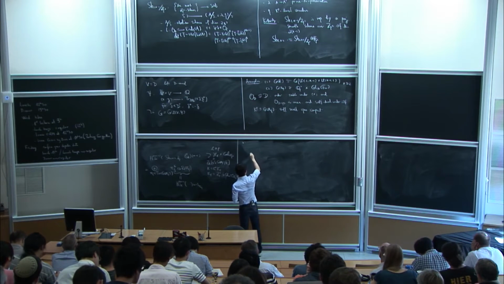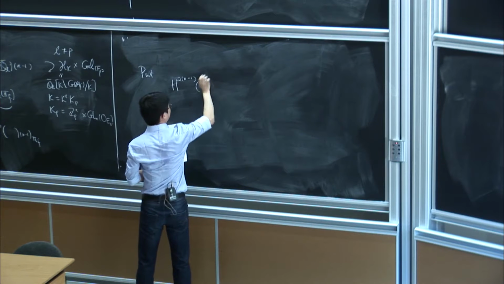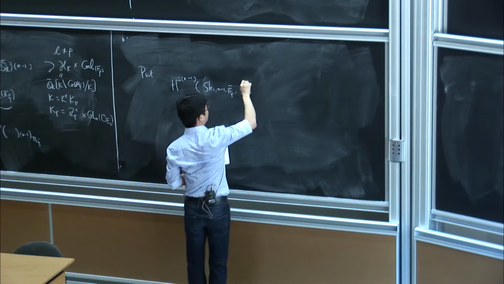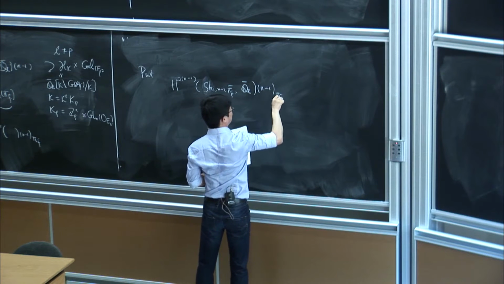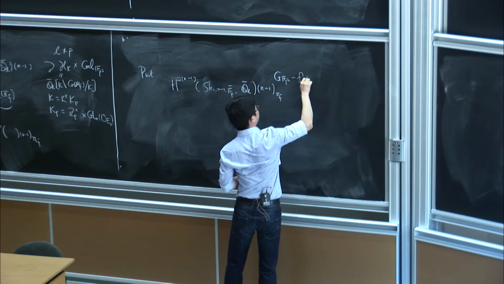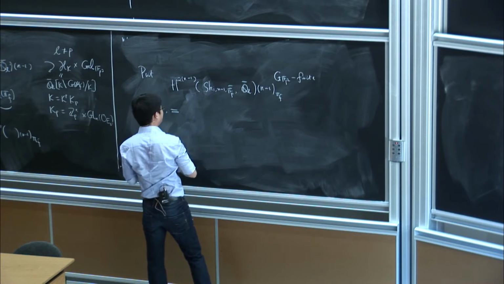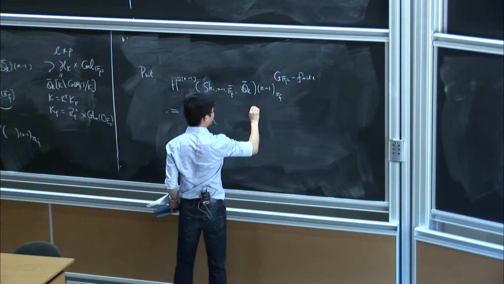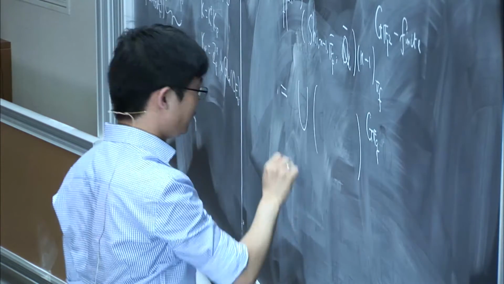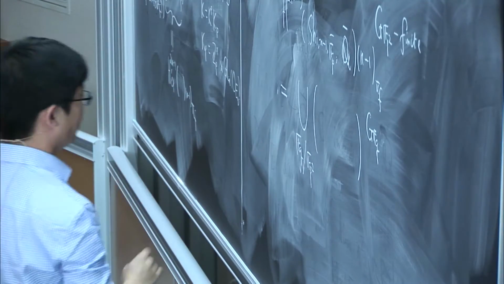So let me consider SH_K, with coefficients in Q_l bar. Let me consider the Galois finite part to be the union of the Galois invariants for all finite extensions of F_{p^2}.